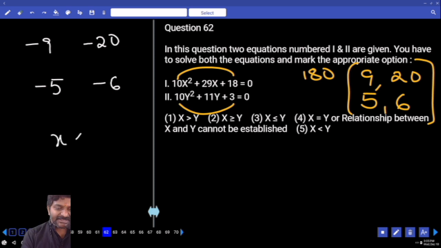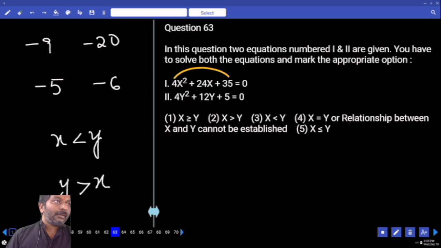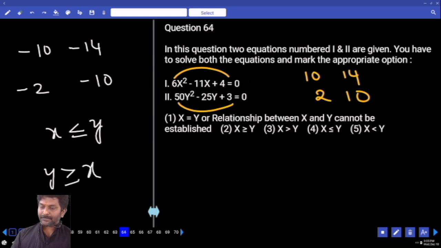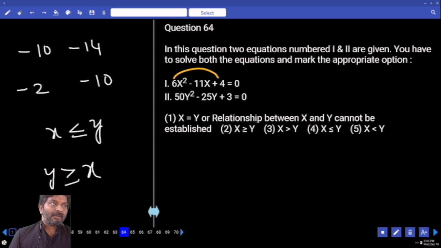X is or y is. Product is 140, 10, 14 times. This is the combination. Product is 20, 2, 10 times. Yes. X is less than or equal to or Y is equal to X. 24 is the combination, minus 3, minus 8.